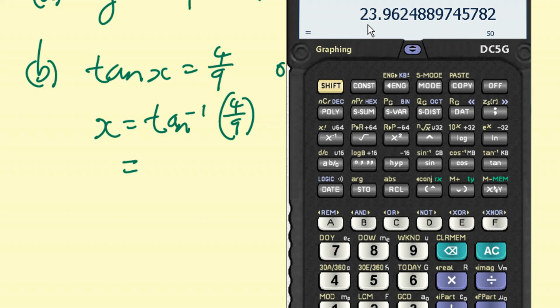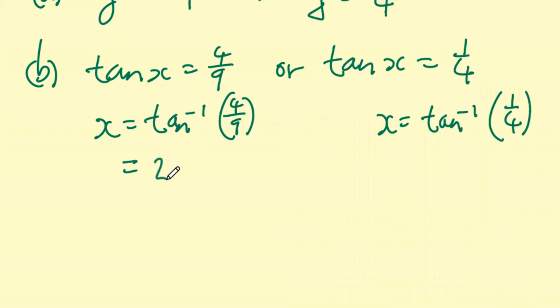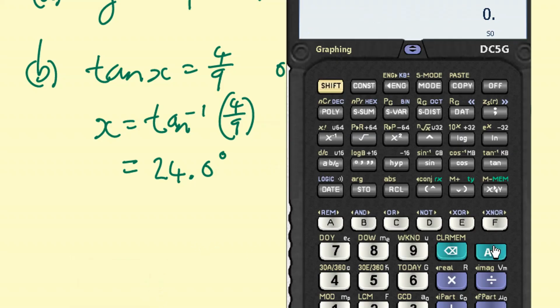And our one answer is 23.96, which is 24.0, correct to 1 decimal place. So that's in degrees. Then we also want the inverse tan of 1/4. And this comes to 14.0 degrees.